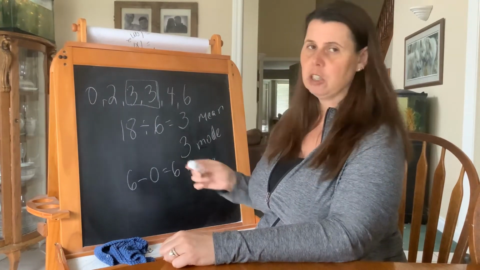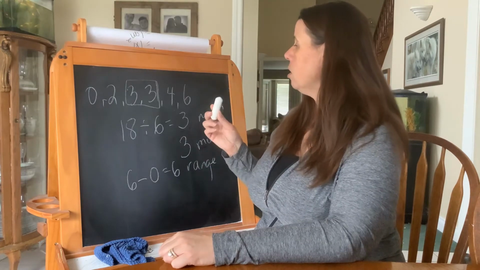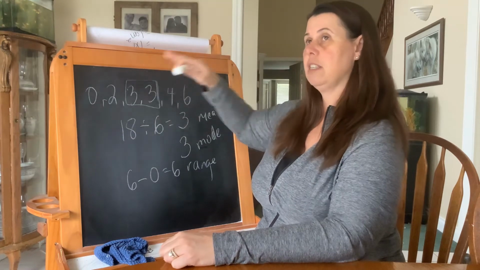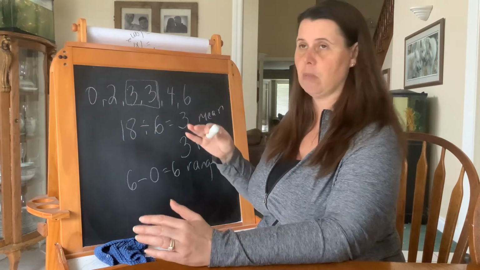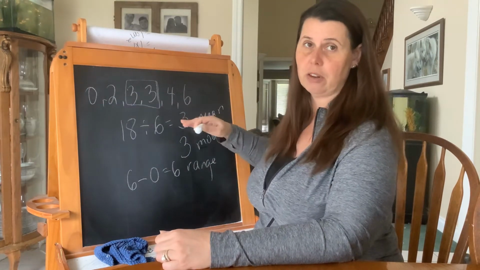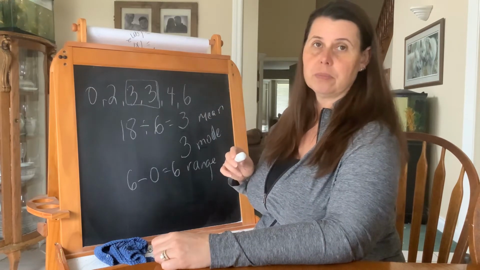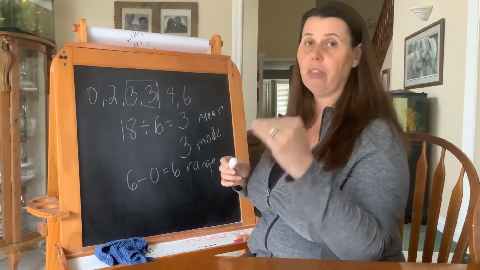Now, I'm not sure if we've done median or not, but it is easy, okay? So you need to put all your data in order from least to greatest. You could actually do it greatest to least. It doesn't matter. All it matters is that it's in order one way or the other, okay? The middle number, the number that occurs in the list in the middle, that is the median.